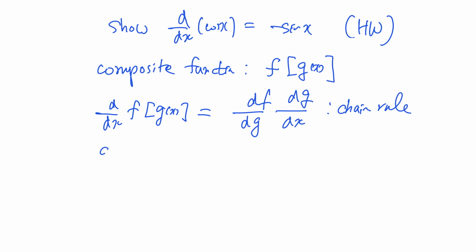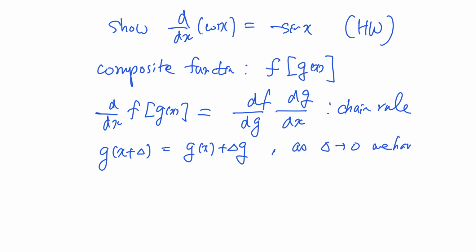Let's say g of x plus delta is g of x plus delta g, and as delta goes to 0, we have delta g goes to 0.